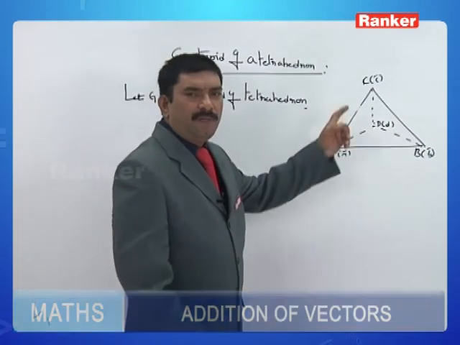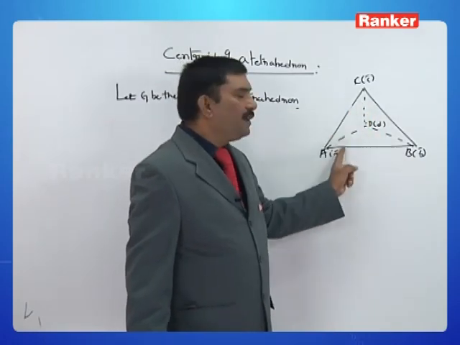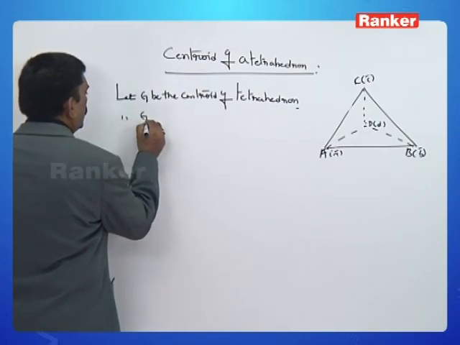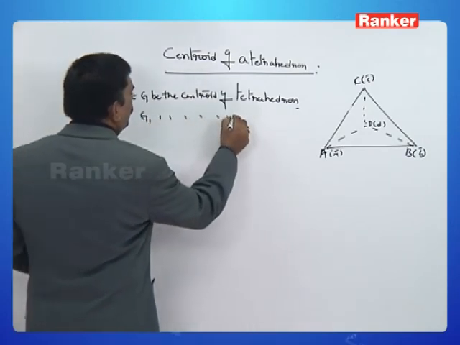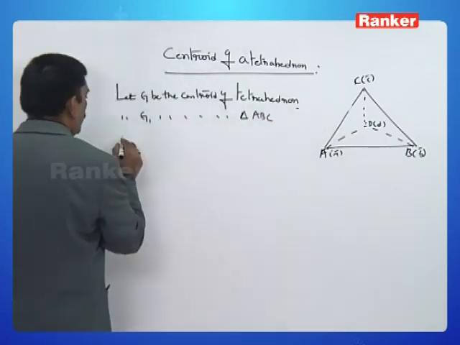Now let G1 be the centroid of triangle ABC. This is one face.